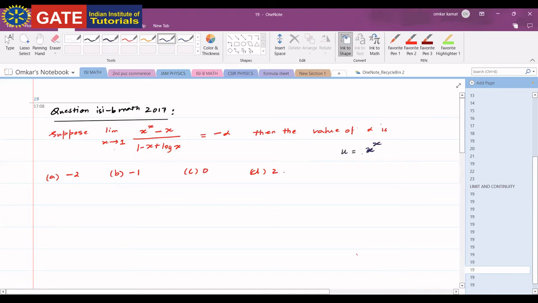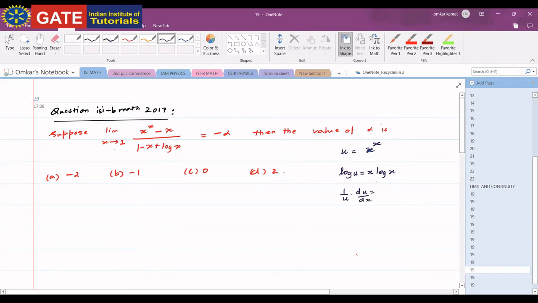You'll do this. u is equals to x to the power x. Then differentiating both sides with respect to x. Or no, first you apply log on both sides. Log u will be equals to x log x. Now once you differentiate this, it will be 1 by u into du by dx.